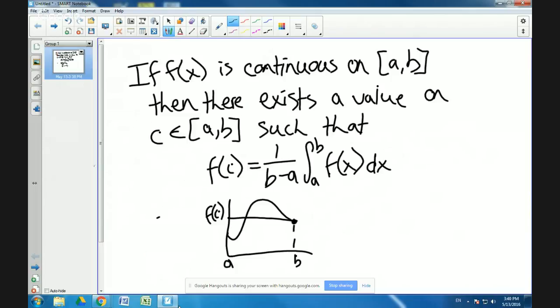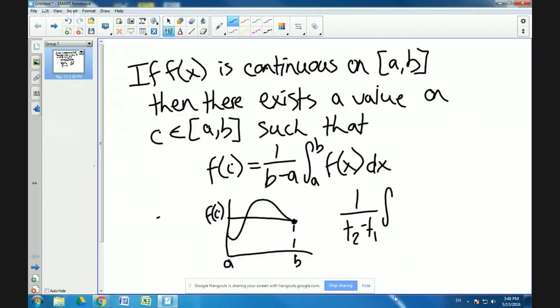It might also ask you to find the average velocity, which is basically the same thing, except it would be with respect to time.